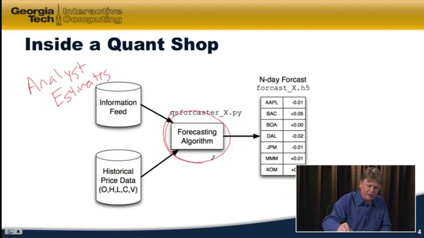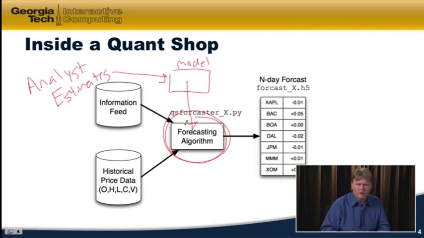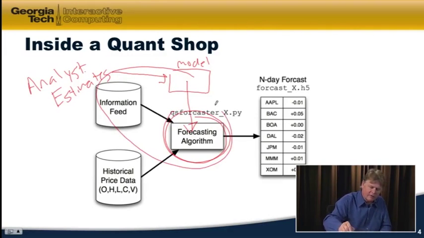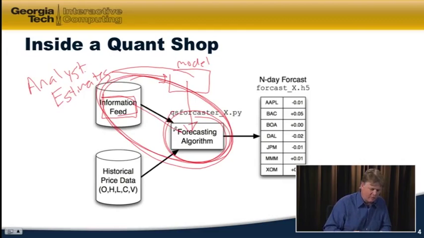In terms of forecasting algorithms, it's not unusual for hedge funds to build models, in other words, how they might trust one analyst more than another, and use that model based on analyst estimates to inform their forecast. Anyways, this side of things can take many forms, but the way to think about it is there's always some kind of information informing our forecast, and we carry that forward.